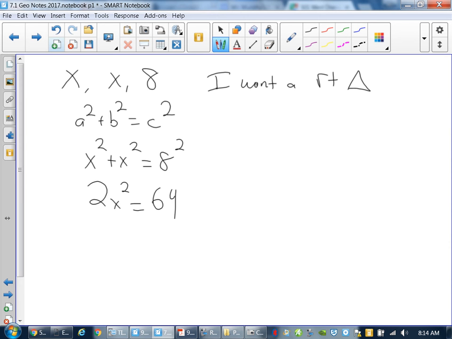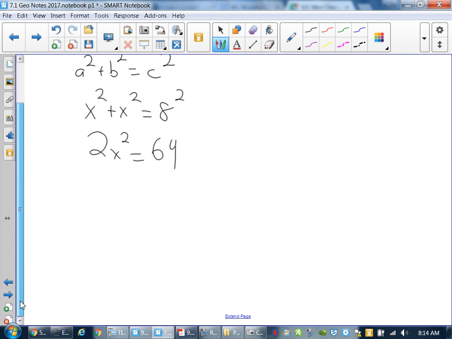Yeah. Okay. Now, I have, again, another two-step equation. I need to get x by itself, so what do I move first? The 2. I have to divide by 2. Very good. So in dividing by 2, I'm going to get x squared equals 32. Now, what do I do to get x by itself?